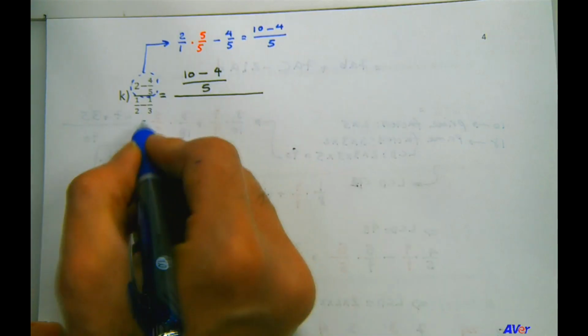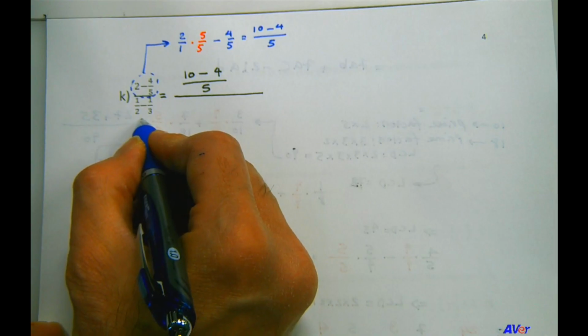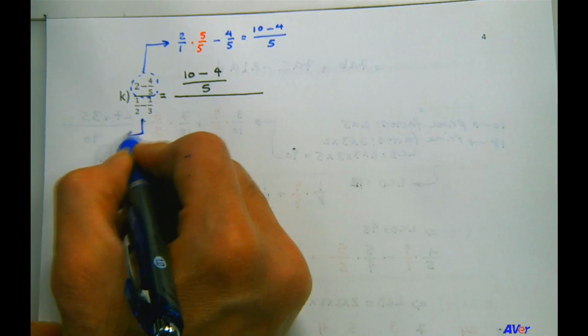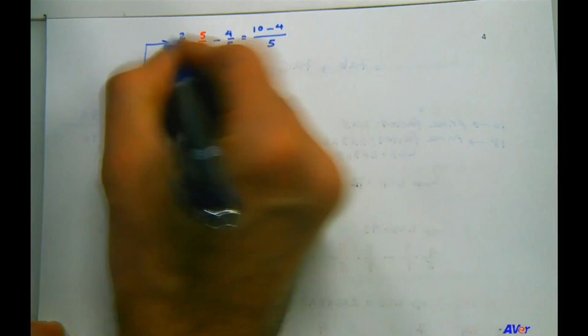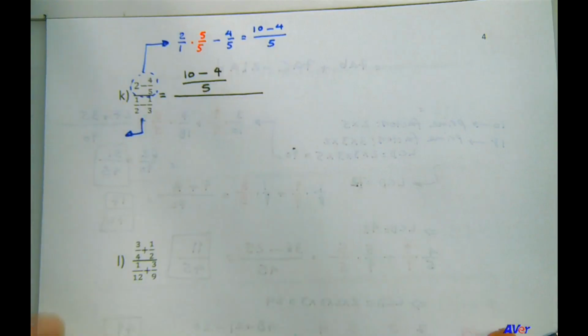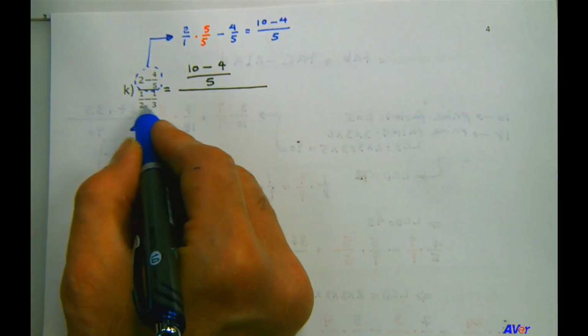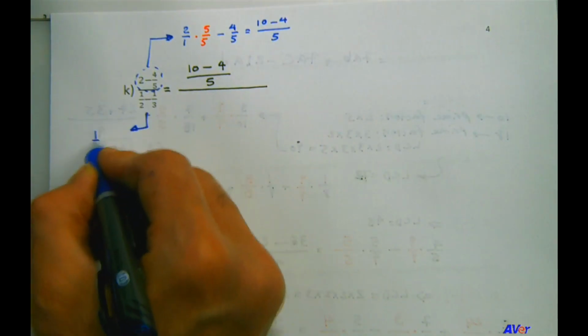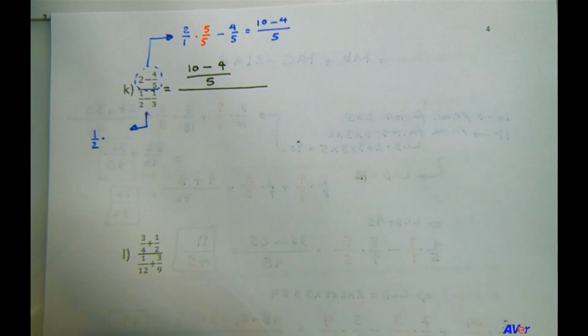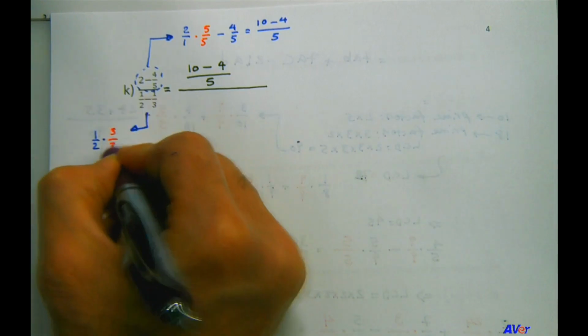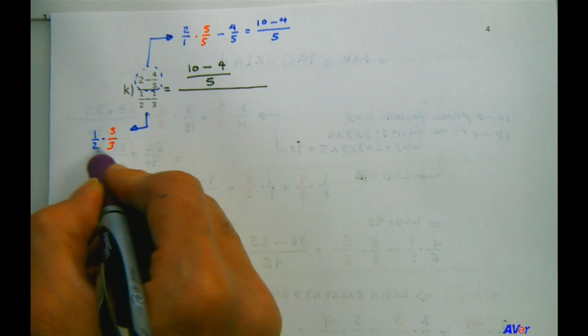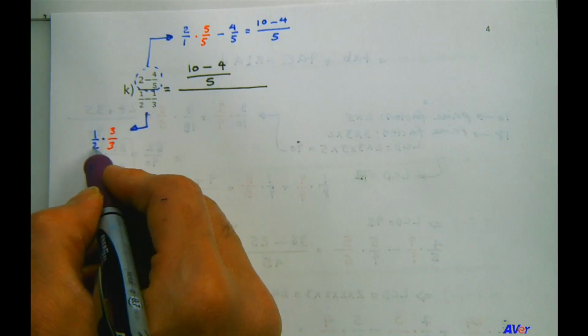And this one, let me put that information here. I'm going to take the common denominator. So the common denominator would be 6, right? So 1/2 times 3 over 3 will give us the denominator 6 for this fraction.